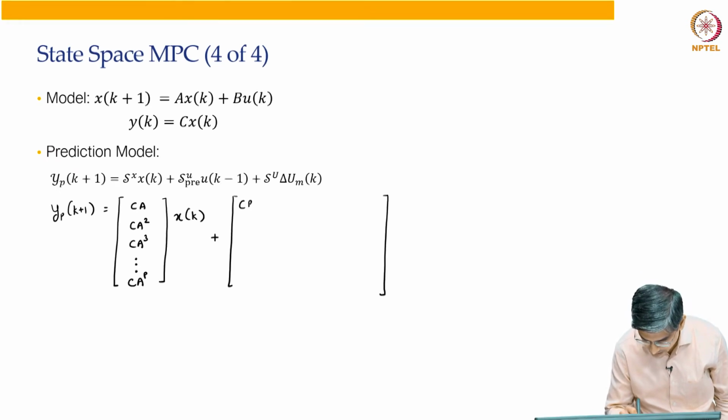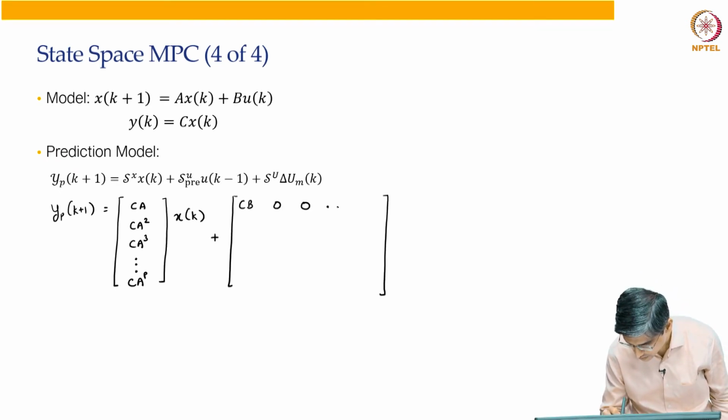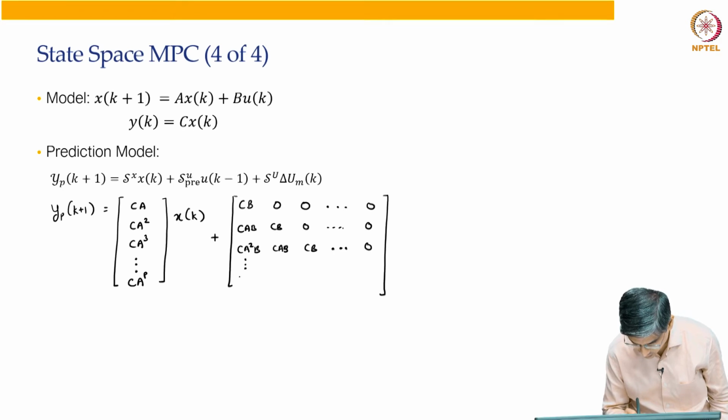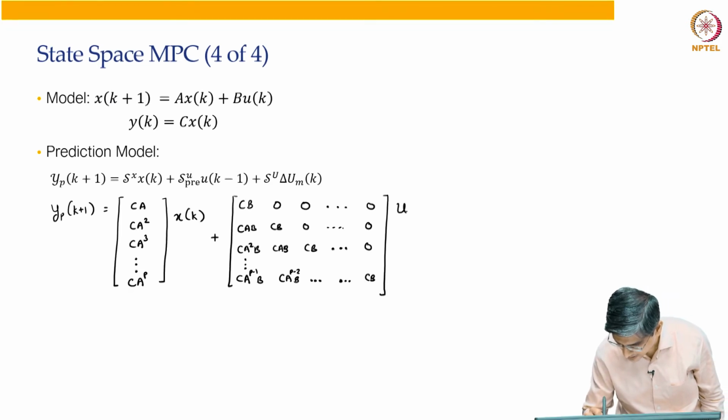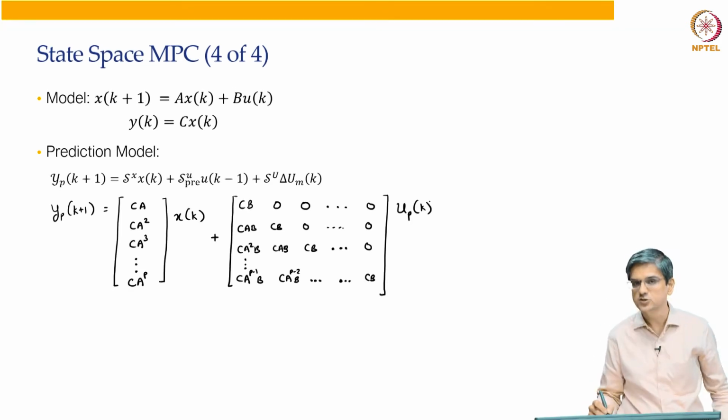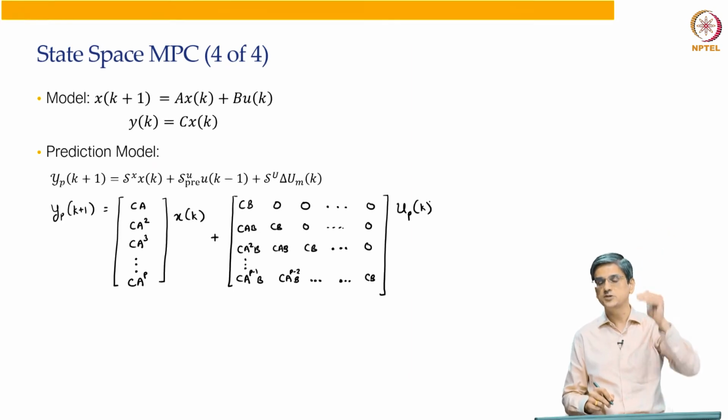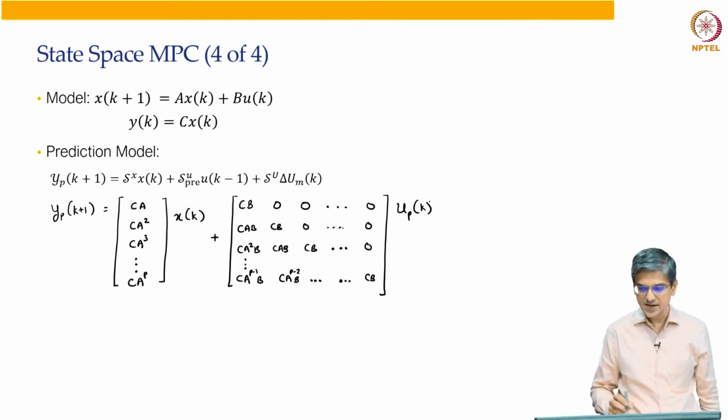So, c b 0 0, then we have c a b 0 0, c a square b, c a b 0 and so on up to c a to the power p minus 1 b, c a to the power p minus 2 b, okay, multiplied by U p k, right. So, it is u k plus 1, k plus 2 up to k plus p minus 1 and not k plus m minus 1.